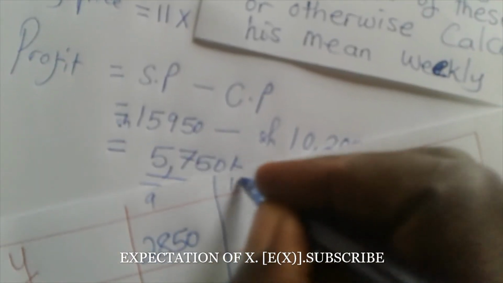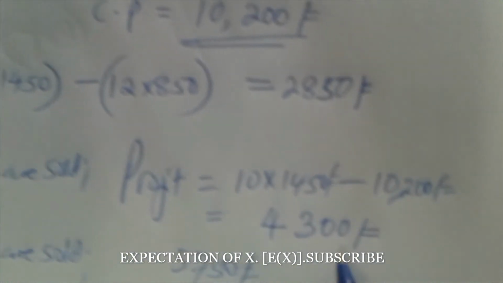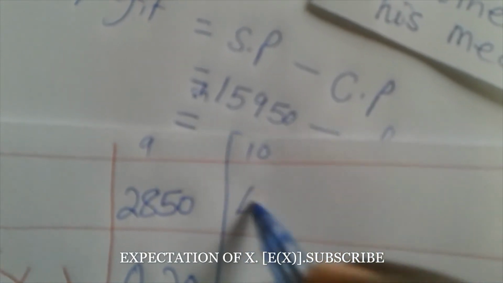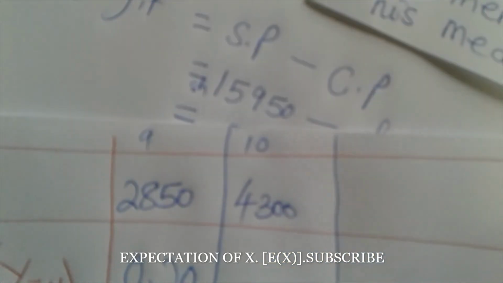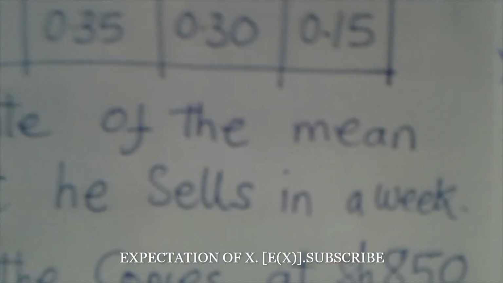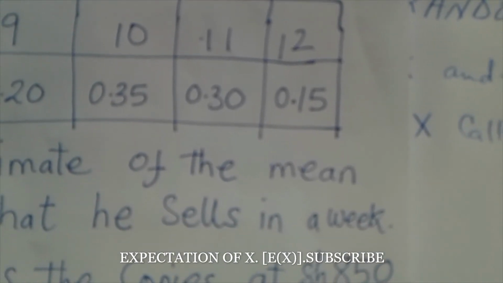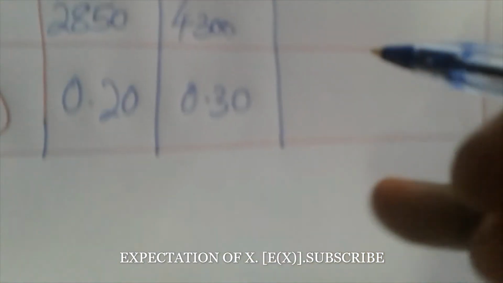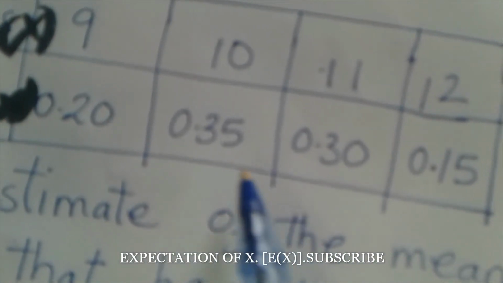Now when 10 copies are sold, we shall have a profit of 4,300. So y will be 4,300, and the probability when 10 copies are sold is 0.35.